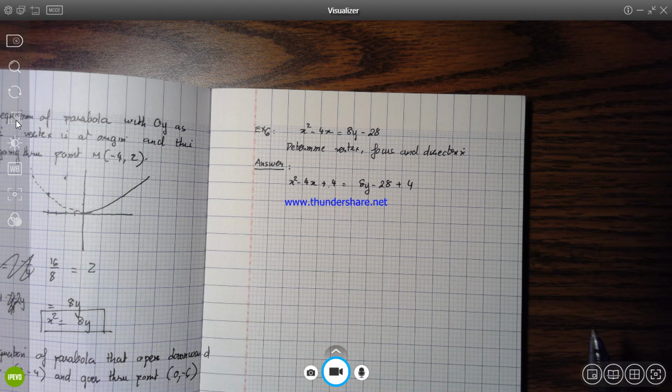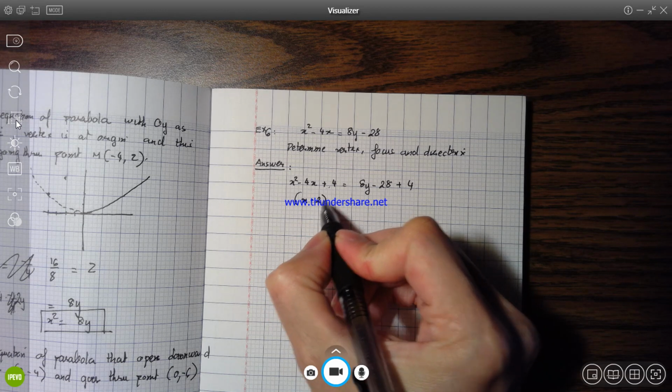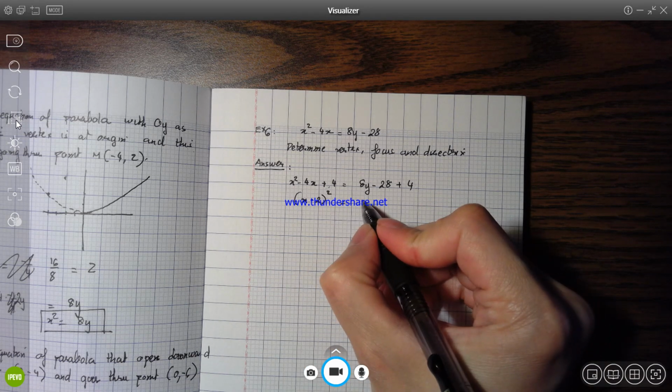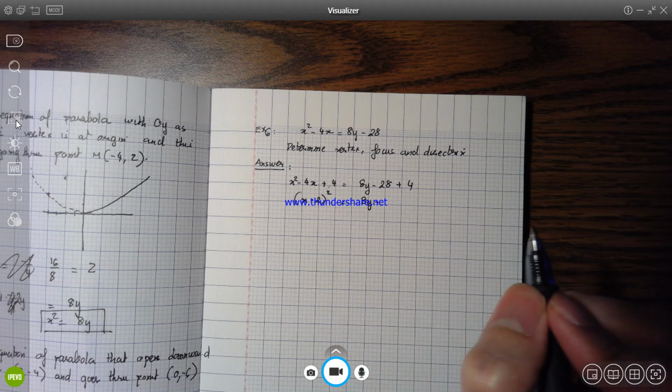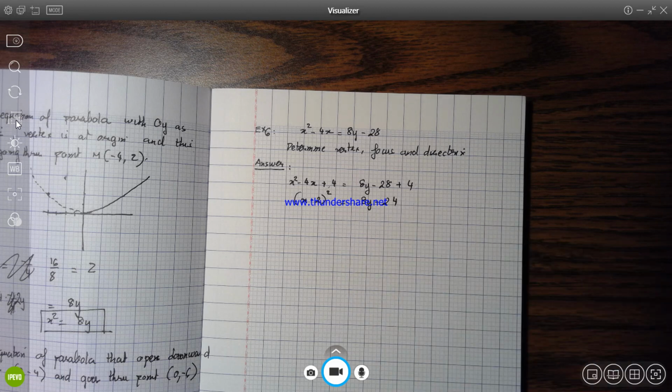So I added 4 on both sides of the equation. Then I will get a perfect square right here. On the right hand side I will have 8y minus 24.